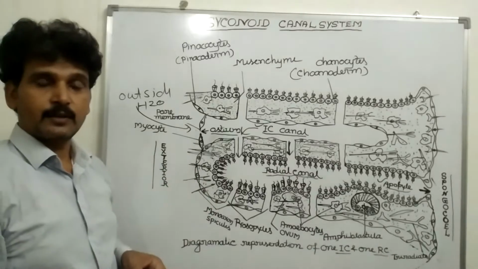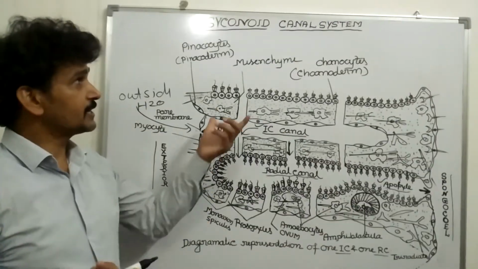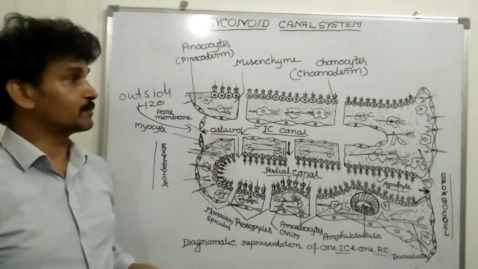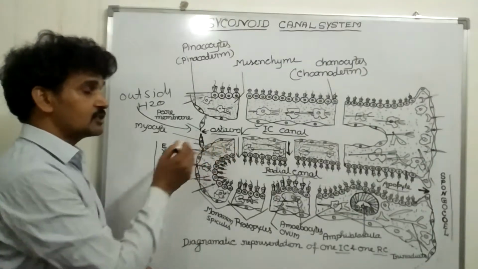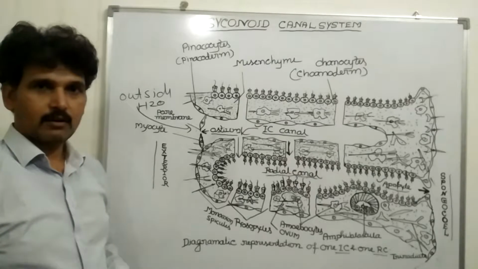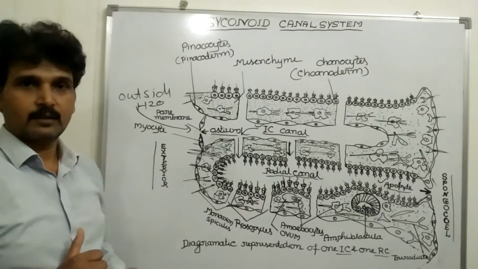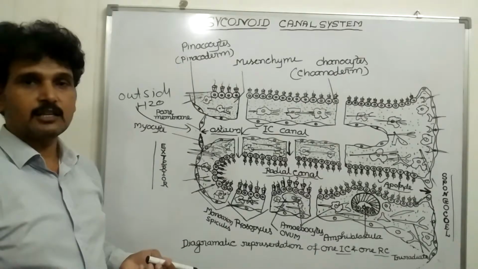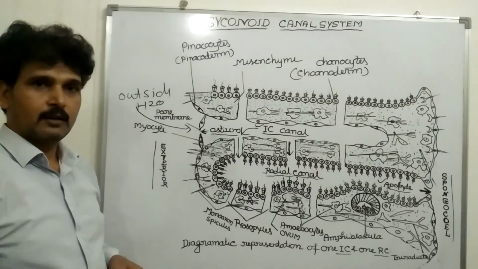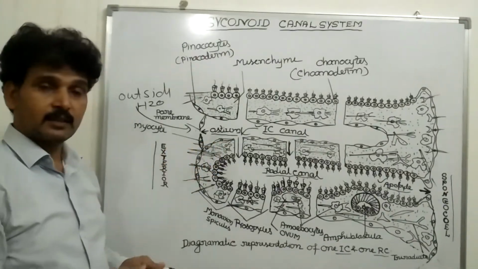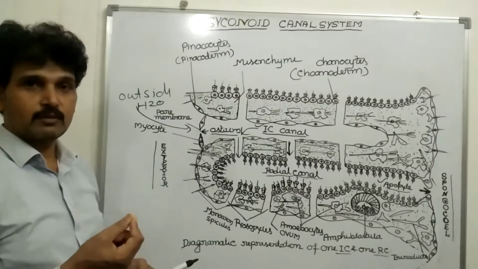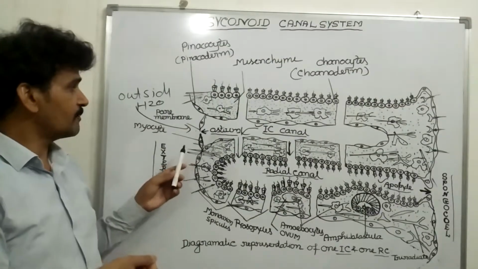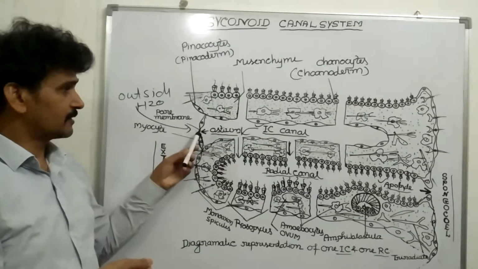The first heading with particular reference to the canal system of cycloid sponge is the ostia or ostium. Ostium is singular and ostia are plural. The ostium extended as a body group in the form of a thin membrane.